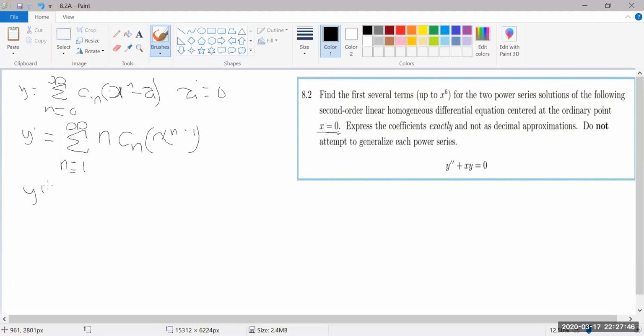Okay, and then y double prime equals the summation, and then n equals 2 on this one for the exact same reason it did here. If you want a good way to remember what your index is going to be, you can choose whatever is going to make your exponent equal to 0.